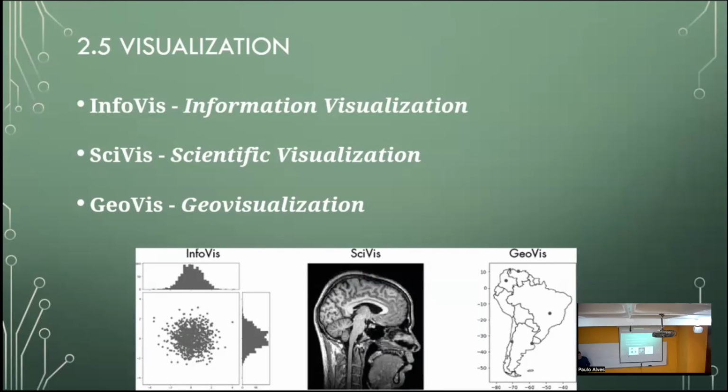When we talk about visualization, normally we have three types of visualization. The first one is InfoVis, information visualization. Okay. The second one is SciVis, scientific visualization. They have different purposes. Okay. And different approaches.